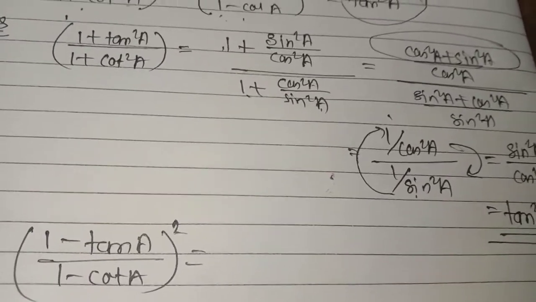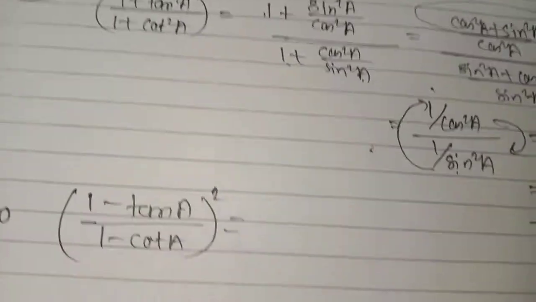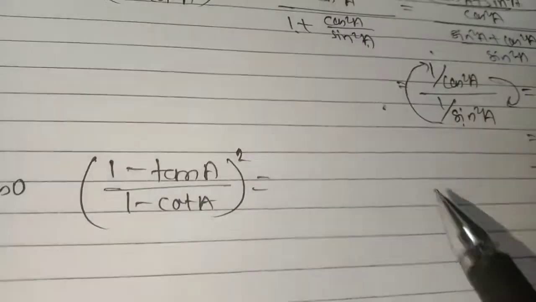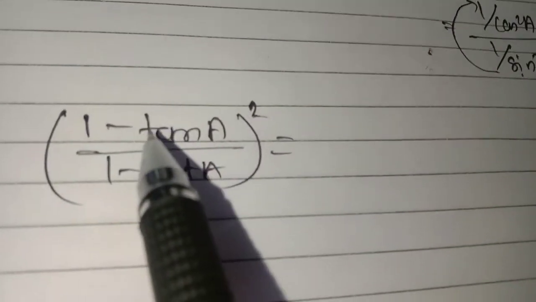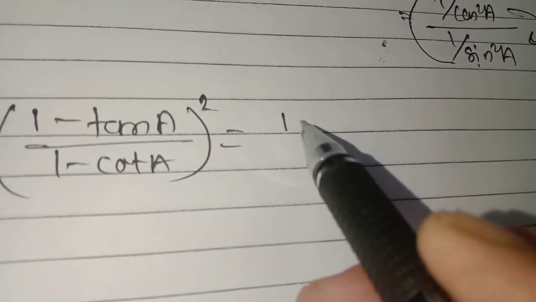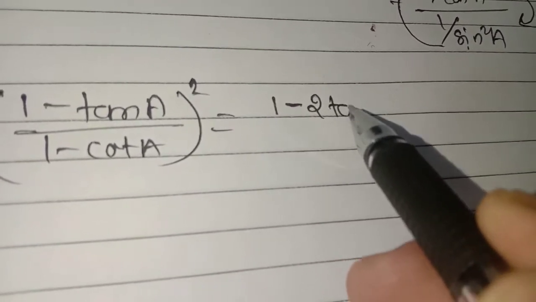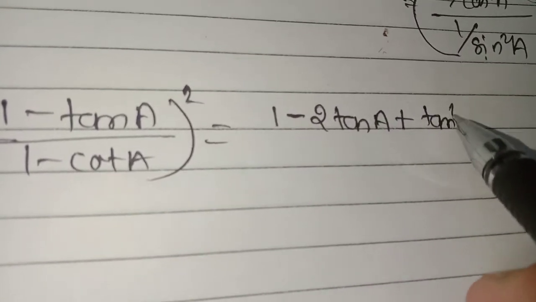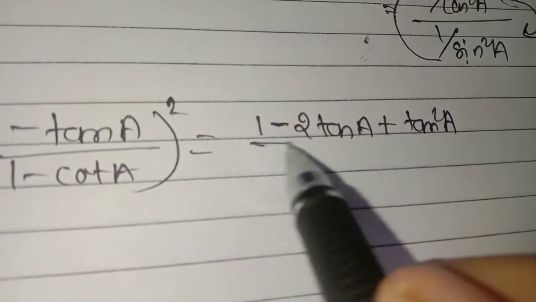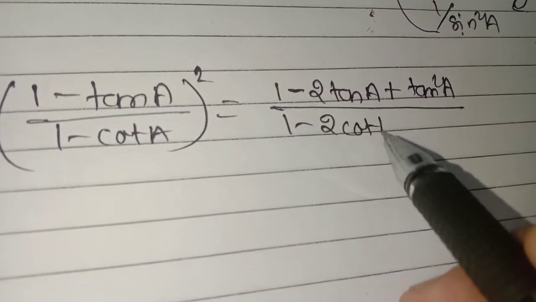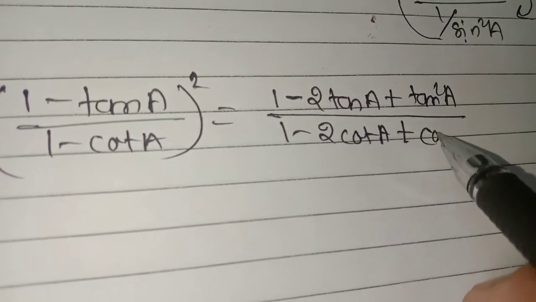If I am expanding the term, what will I write here? I will write 1 minus 2 tan A plus tan square A as the numerator, and the denominator is 1 minus 2 cot A plus cot square A.